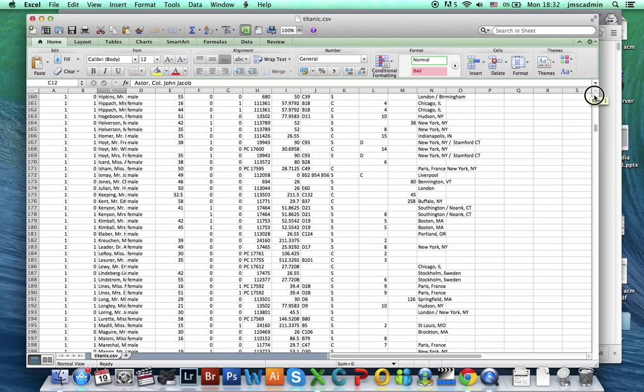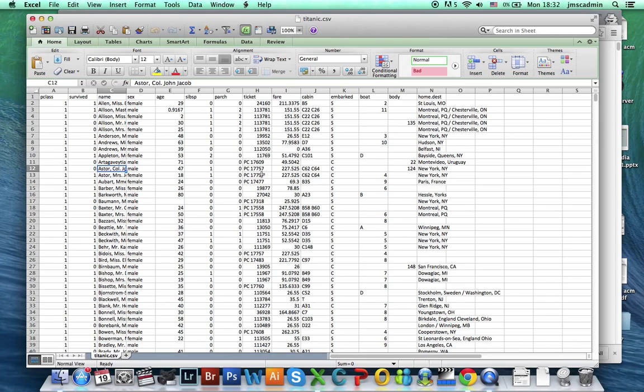Go back to the first row. Okay, the first column is pclass, meaning passenger class. There are 3 classes in the Titanic: first class, second class, and third class.